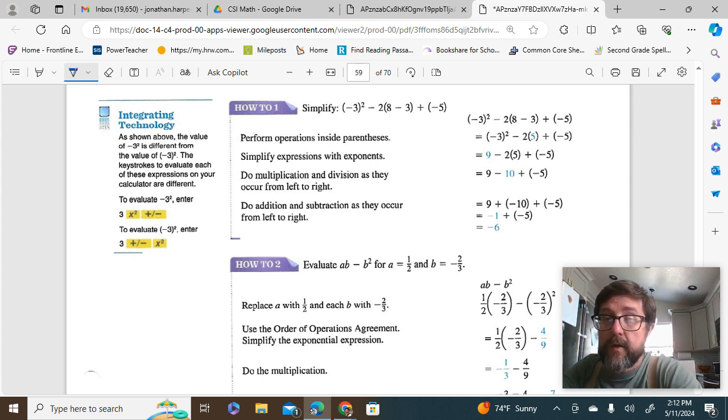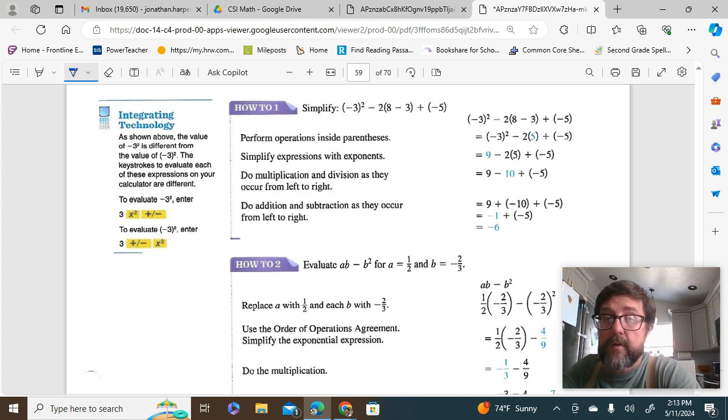So you go negative 3 squared minus 2 times 5 plus negative 5. You take the 3 and square it and you get 9. Then you do minus 2 times 5 plus negative 5. So it is 9 minus 10, because you do the multiplication, plus negative 5.